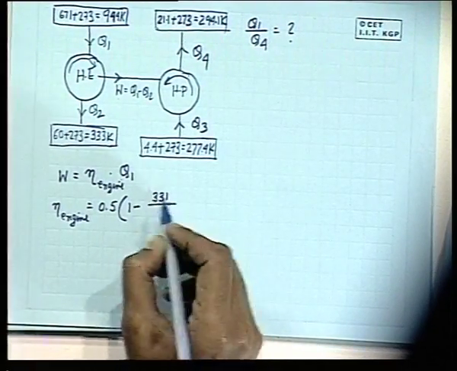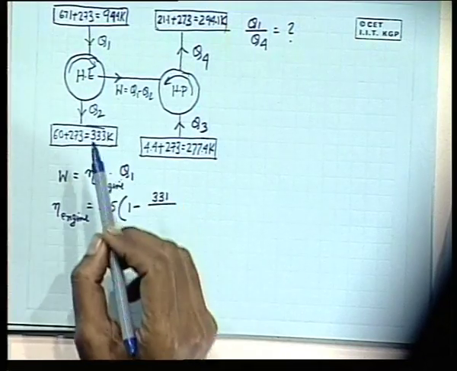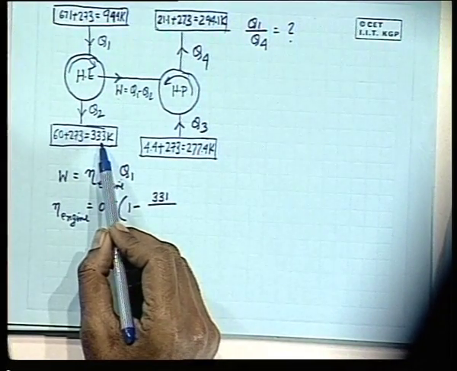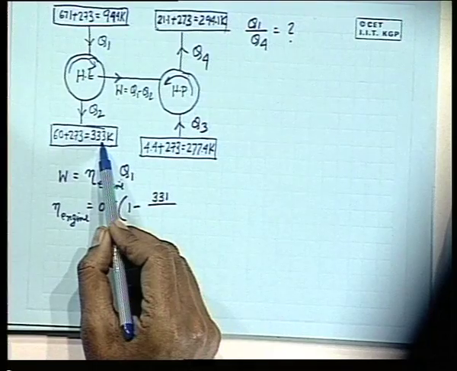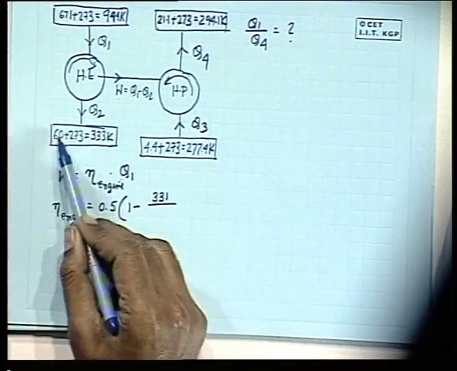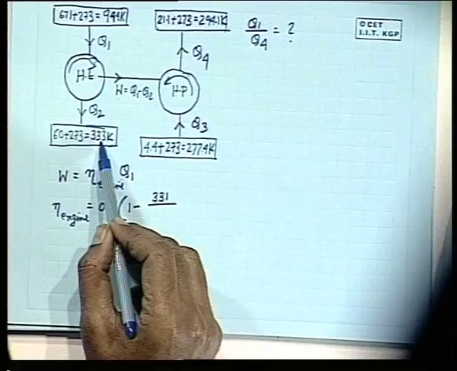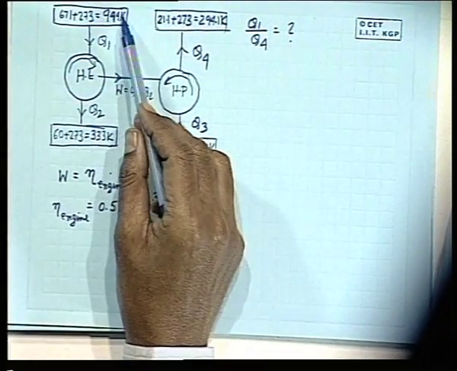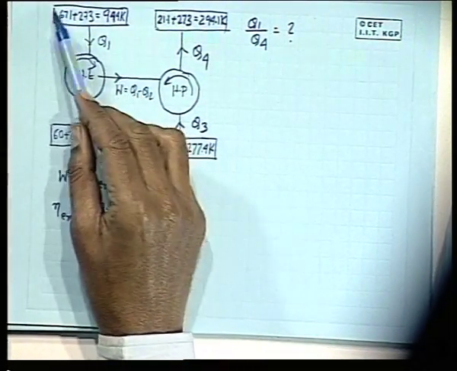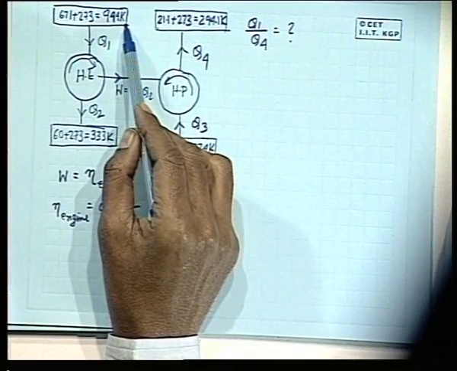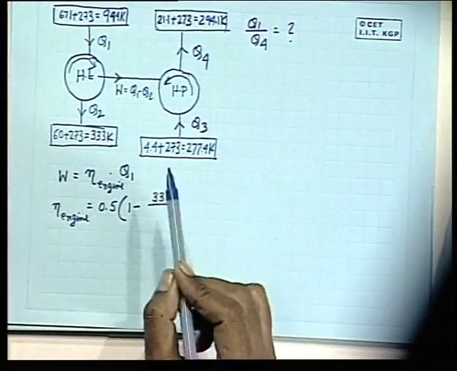We know the Carnot cycle, if this could have been a reversible heat engine, the efficiency would be equal to, that is the Carnot's efficiency, 1 minus T2, the temperature of the thermal reservoir where heat is rejected, divided by T1, the temperature in the thermodynamic absolute scale of the reservoir from where heat is being taken.